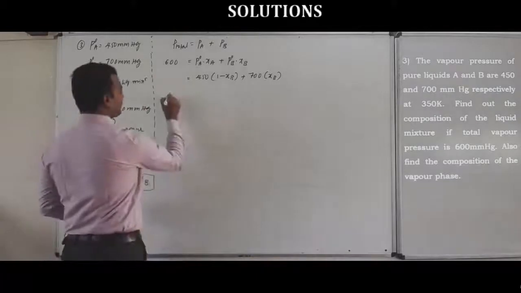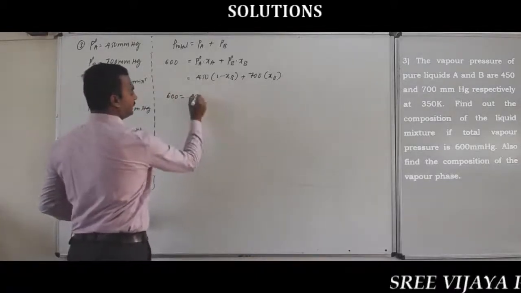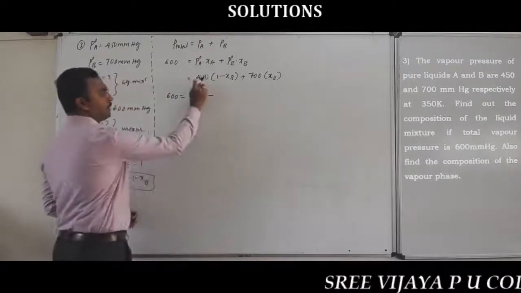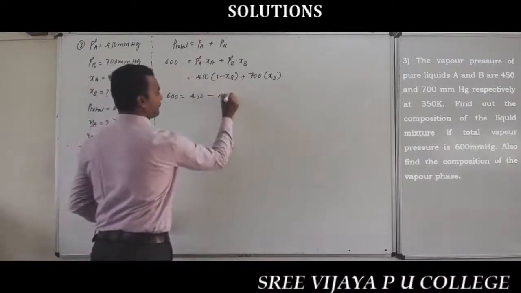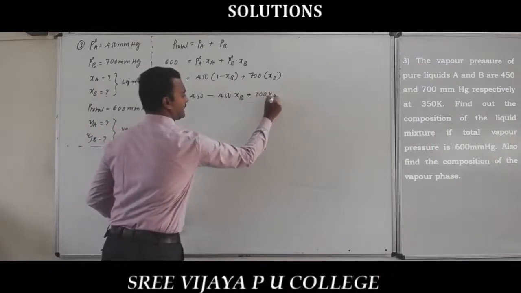Therefore 600 is equal to 450 into (1 minus XB) plus 700 into XB. That is 450 minus 450 into XB plus 700 into XB.